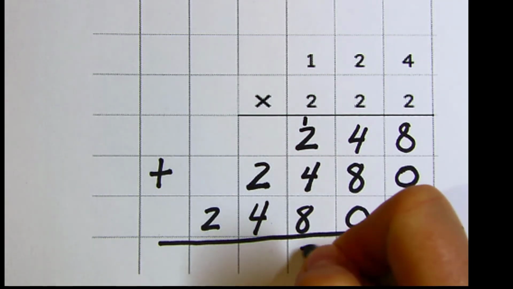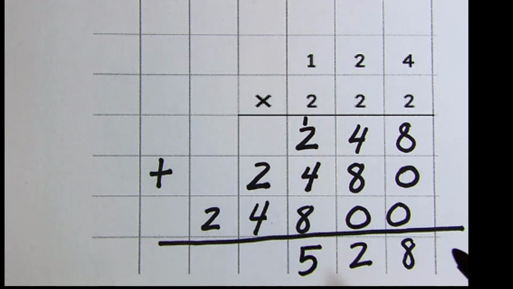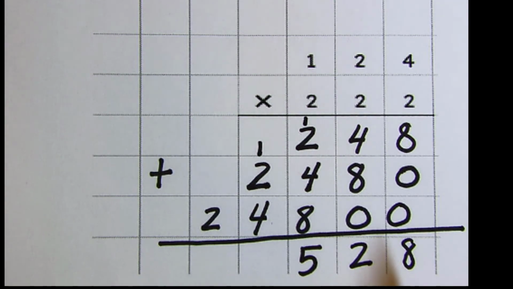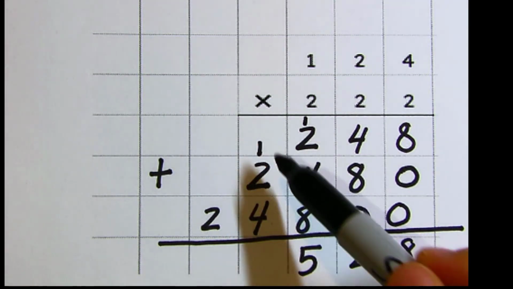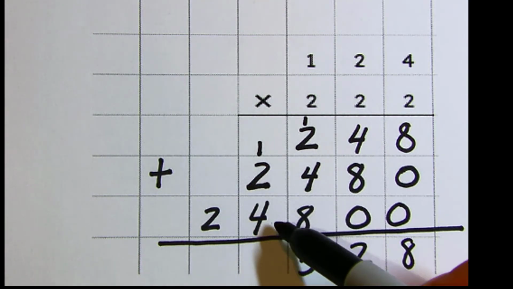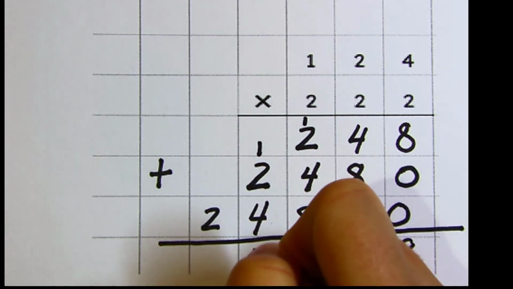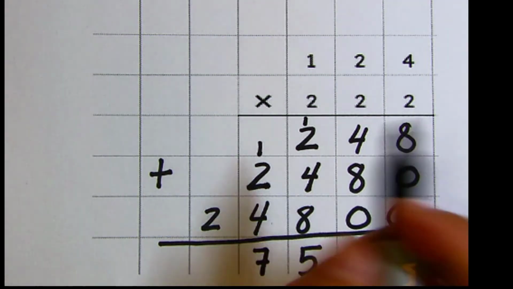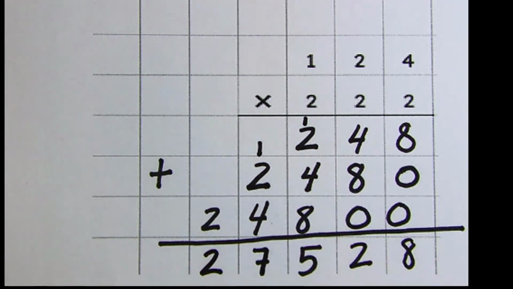So I'll put a 5 in the hundreds column and regroup a 1 because 10 hundreds is the same as 1,000. 1 plus 2 is 3, plus 4 is 7, and that's 7,000. And then I have 2 10,000s. So I bring that down for a final answer of 27,528.